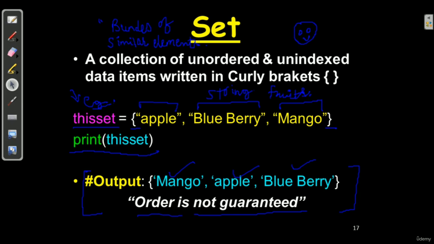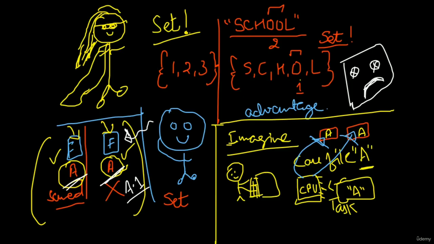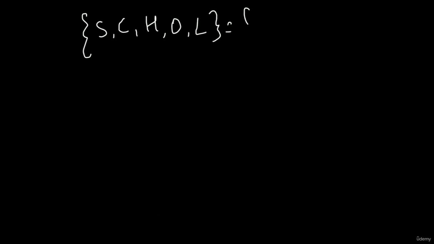Like in this case, let me take you here to what we have just studied. If I write something like SCHOL, it is completely equal to CSHLO. These two are equal. Why?